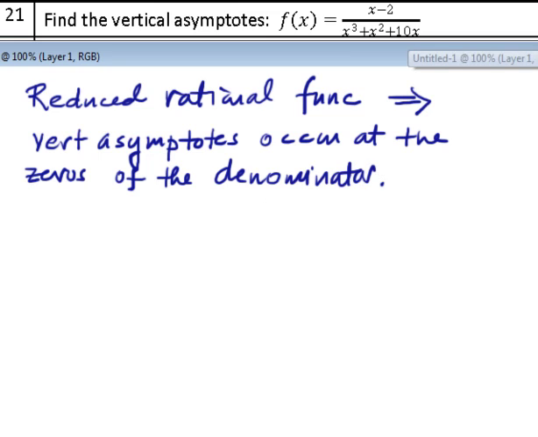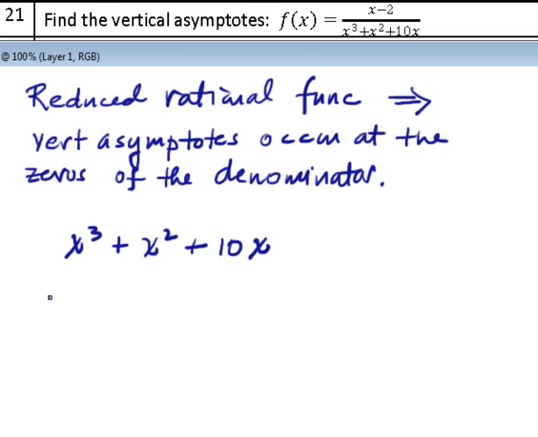So all we have to do is factor this denominator. All right, let's see. Let's do that. First we'll factor out an x.